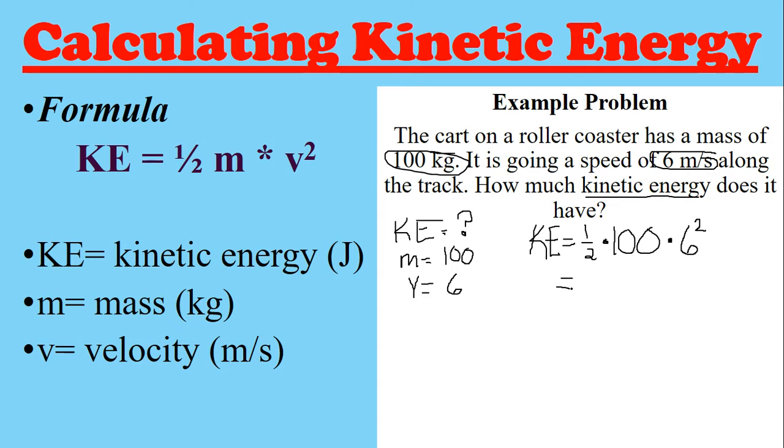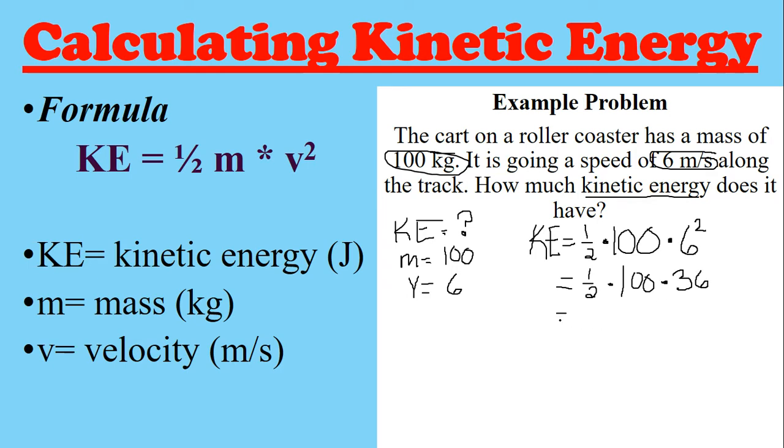So we have to take these step by step, little by little. You cannot just plug this straight into the calculator because you will not get the right answer. All right, so we're going to bring down the 1/2 times 100, because the first thing we're going to have to do is use our calculator and do 6 squared. If you do 6 squared, you would know that that is 36.